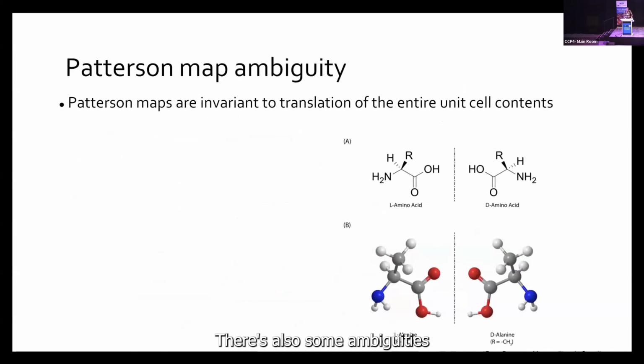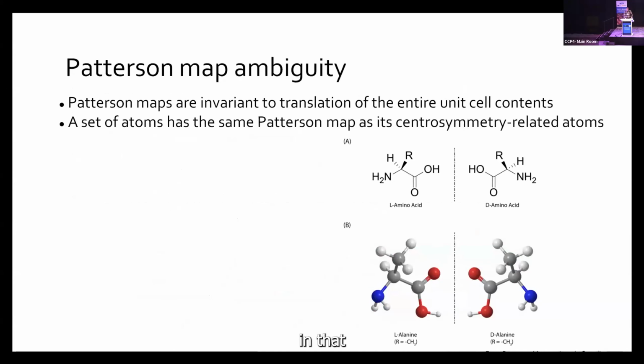There are also some ambiguities with Pattersons in that they're invariant to translation of the entire unit cell, and centrosymmetric structures are going to give rise to the same Patterson. Hurwitz addressed this by using a mixture of both his true structure and the centrosymmetric structure.